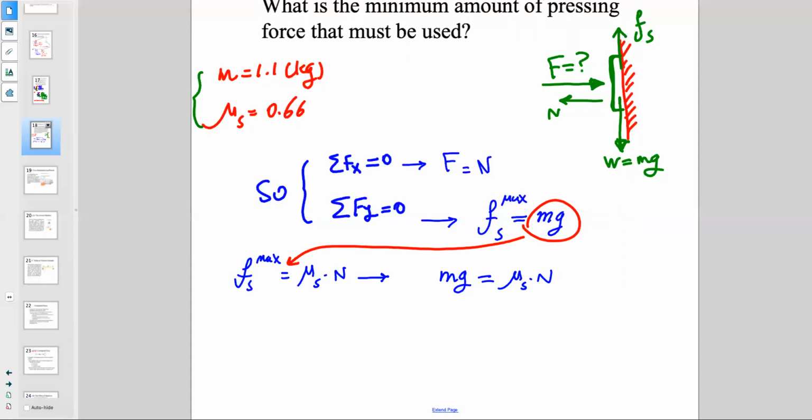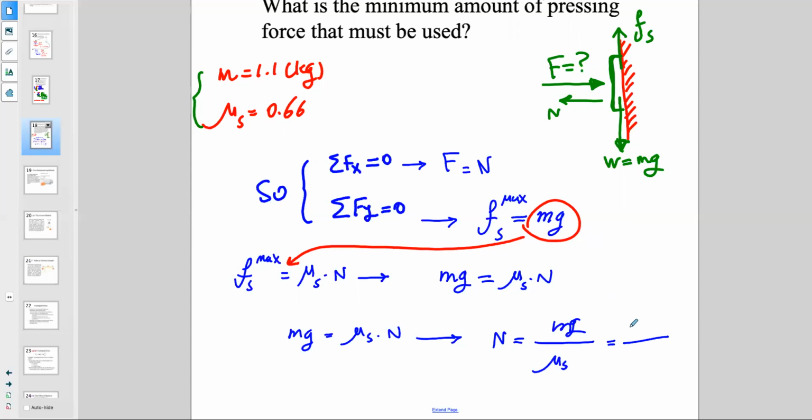Now, let's go back to our formula. mg is mu s times n. Let's solve it for n. N is mg over mu s. We know what mg is.